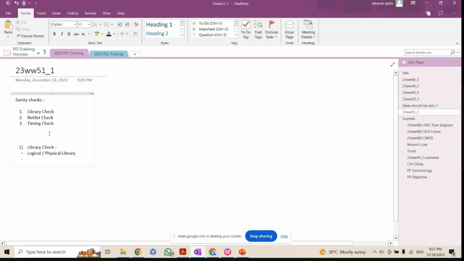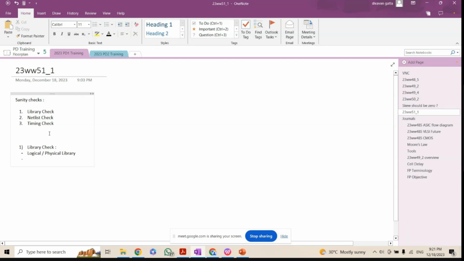If you connect the output to ground, whatever input you give, let's say 0, then this will be shorted, but still the output is 0. And if the input is 1, this will be shorted, but still the output is 0.